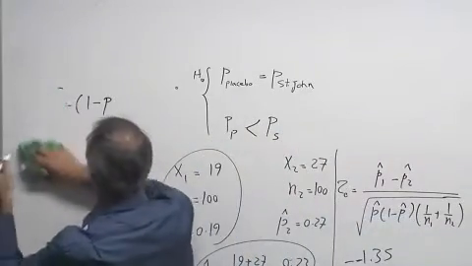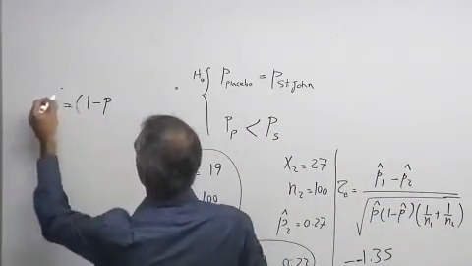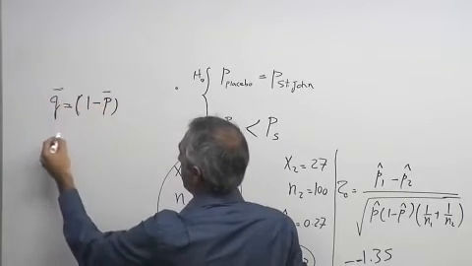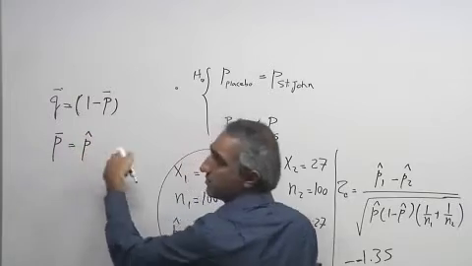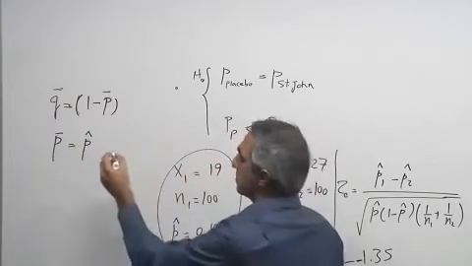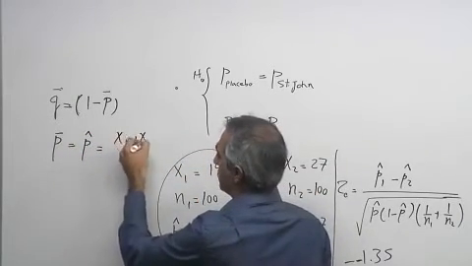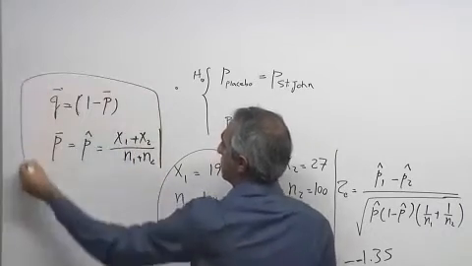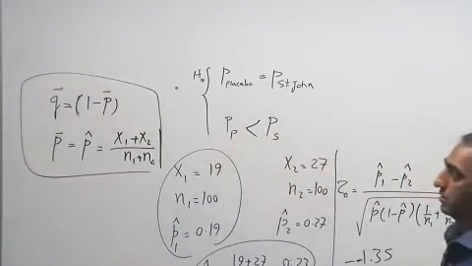Q bar is 1 minus P bar. And your P bar and P hat are the same thing, so it's x1 plus x2 divided by n1 plus n2. That's one piece of information here.